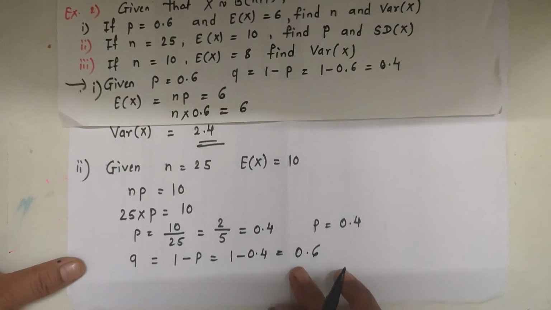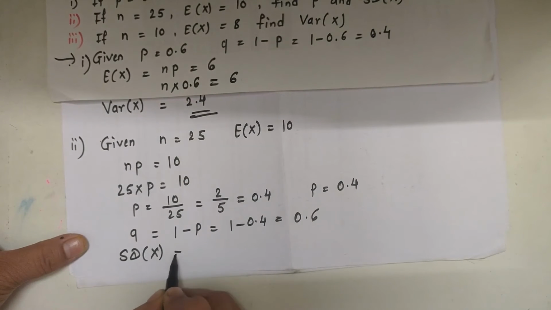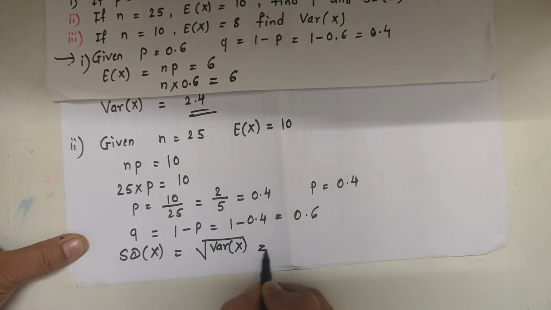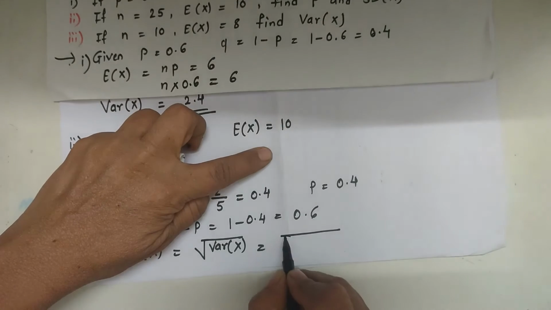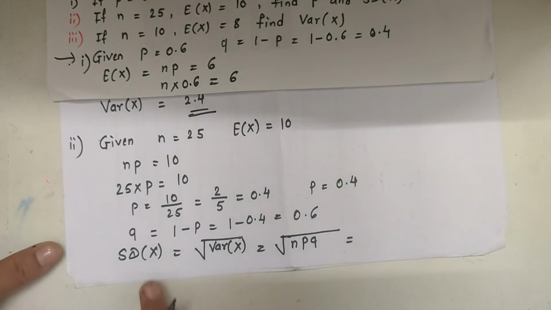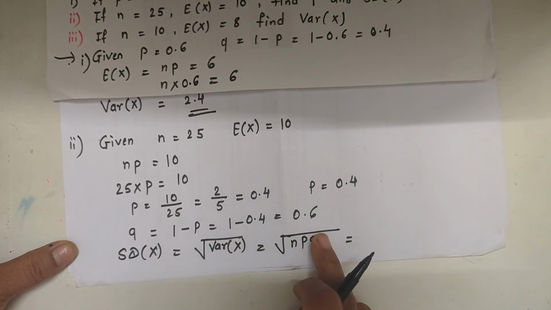We know that the formula for standard deviation of x is equal to under root of variance of x. And also we know that the variance of x is n into p into q. And we have p is equal to 0.4 and q is equal to 0.6.